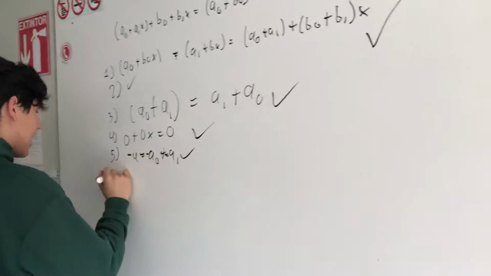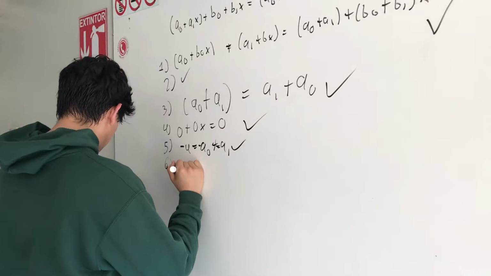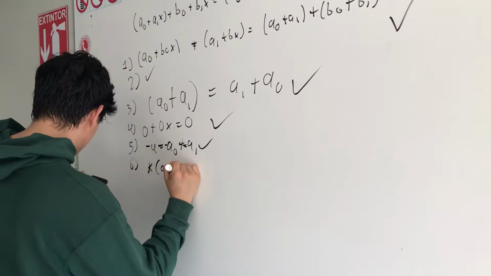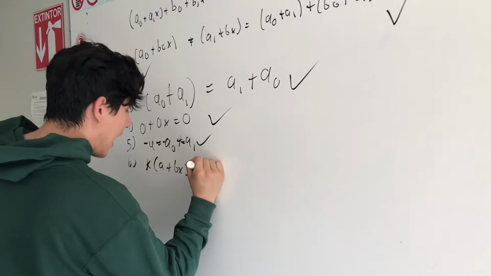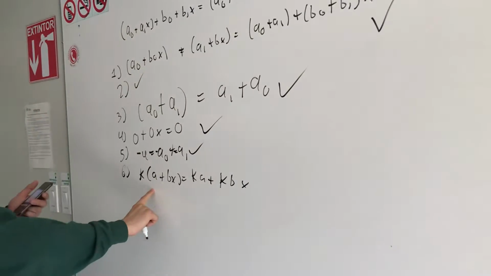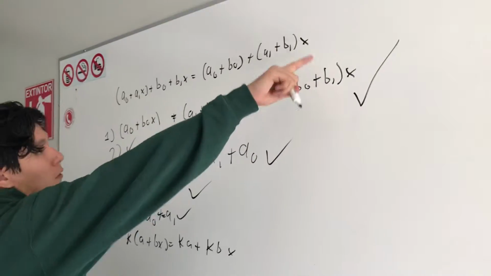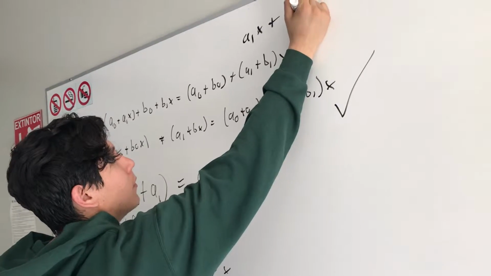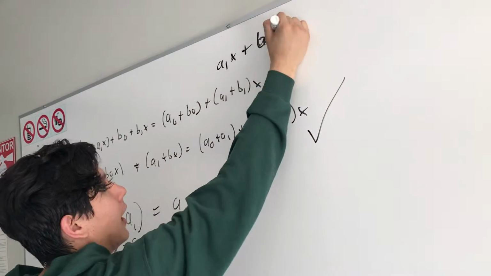We go to axiom 6, and it says that k times a plus bx equals ka plus kbx. So in this case we multiply as well as this. So in this case we can say that a1x plus a1bx.